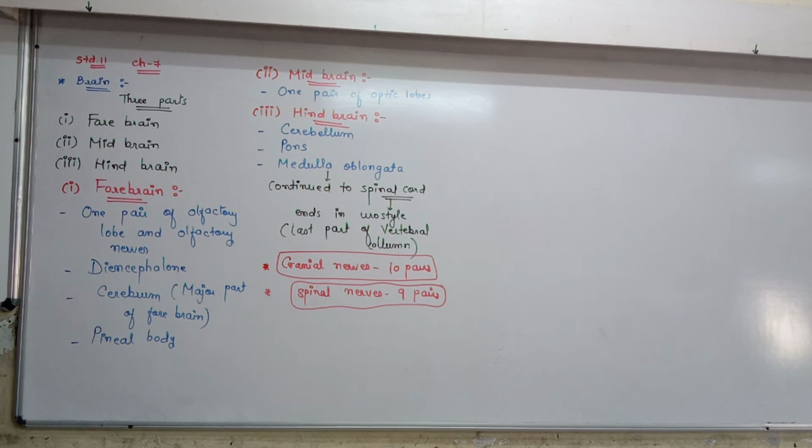At foramen magnum, medulla oblongata ends, and just after that the vertebral column starts and the spinal cord continues. The spinal cord is enclosed in the vertebral column.